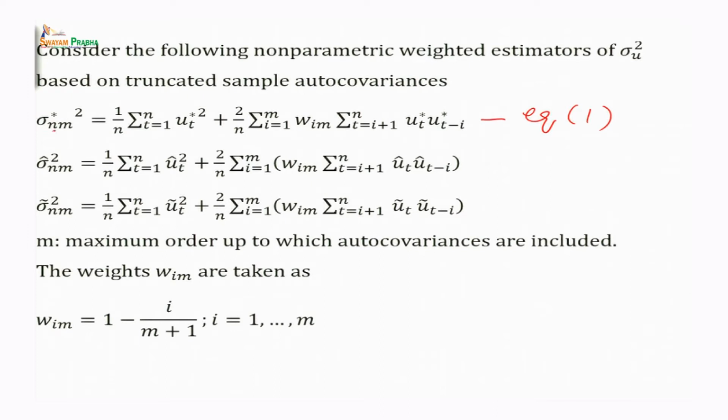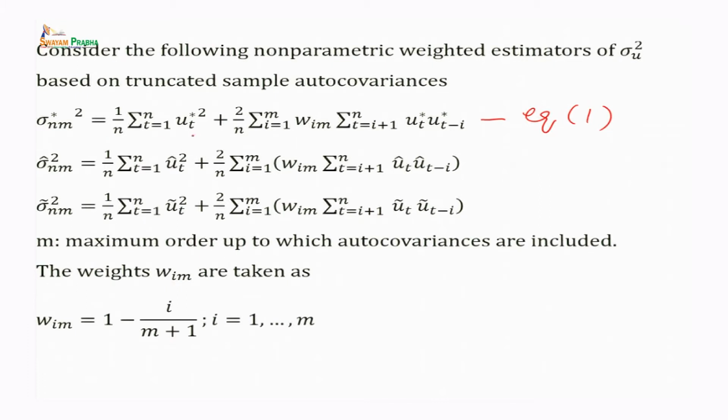The estimator is sigma star n m square equal to 1 by n summation t equal to 1 to n u t star square. This part gives you a consistent estimator of sigma square u, based on the sum of square of residuals. We simply divide the sum of square of residuals by the number of observations.